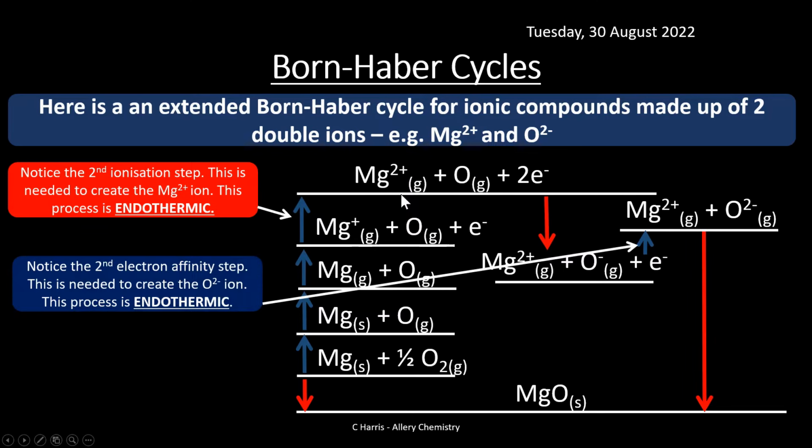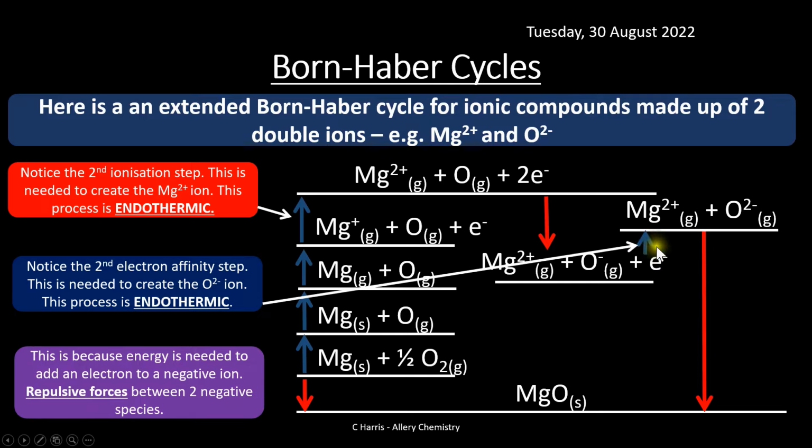The other weird bit, although it's not quite weird if you think about it: we do the electron affinity of oxygen here, the first electron affinity, which is down here, and that's fine, you're adding an electron. But when you want to add a second electron to something that's already negatively charged, the second electron affinity, you actually have to put energy in. So this is an endothermic process.